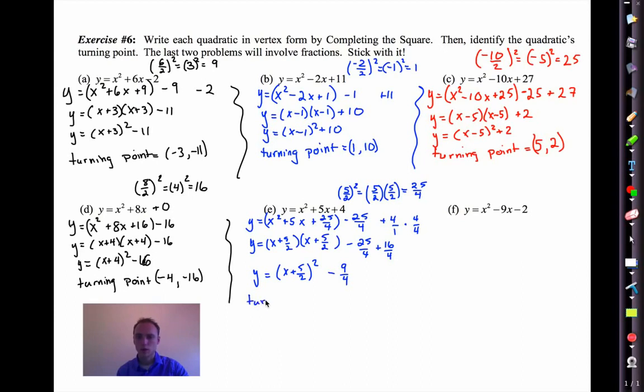So the turning point then is negative 5 halves, because this is a positive, so it's minus negative 5 halves, minus 9 fourths. A little bit messy, but not that bad, not that much different than any of the other work, right?